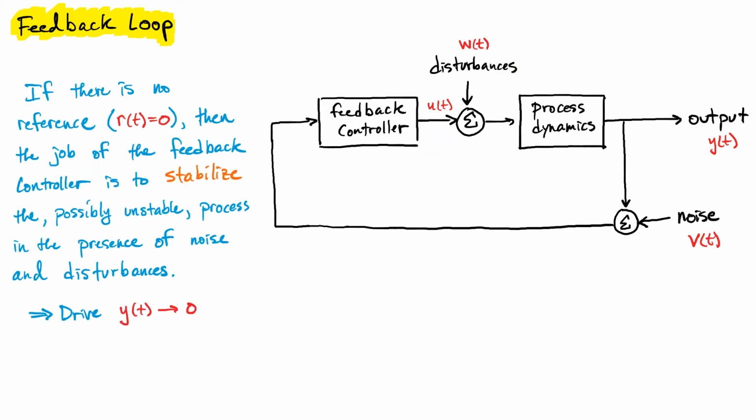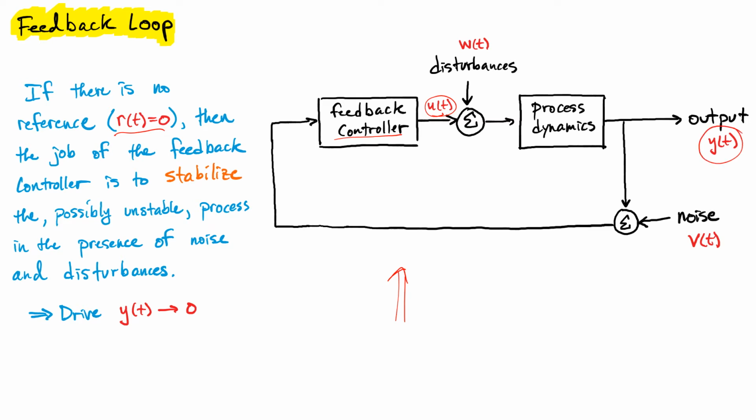All right, so if we remove a few terms, in particular we remove the reference, so we set the reference to be 0, then we can interpret that in this more simplistic feedback loop, the goal is to design a controller that produces an input that makes Y go to 0.